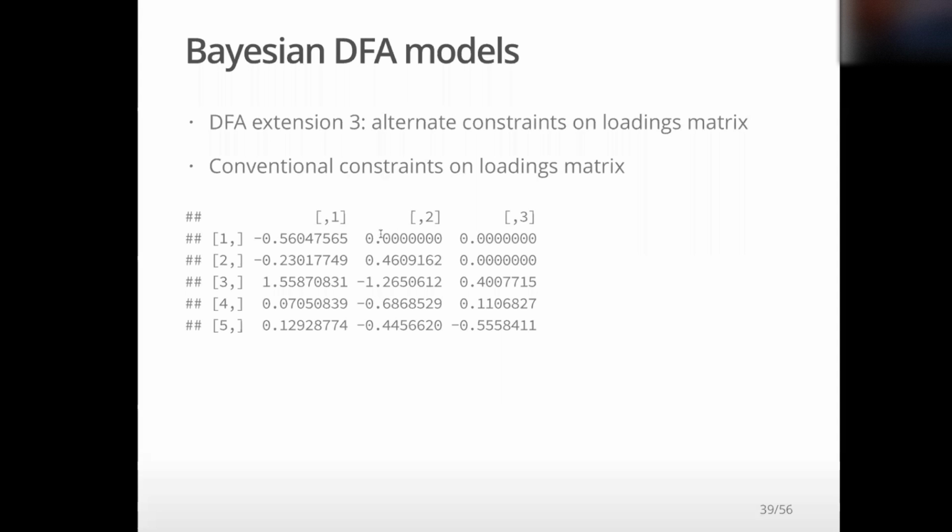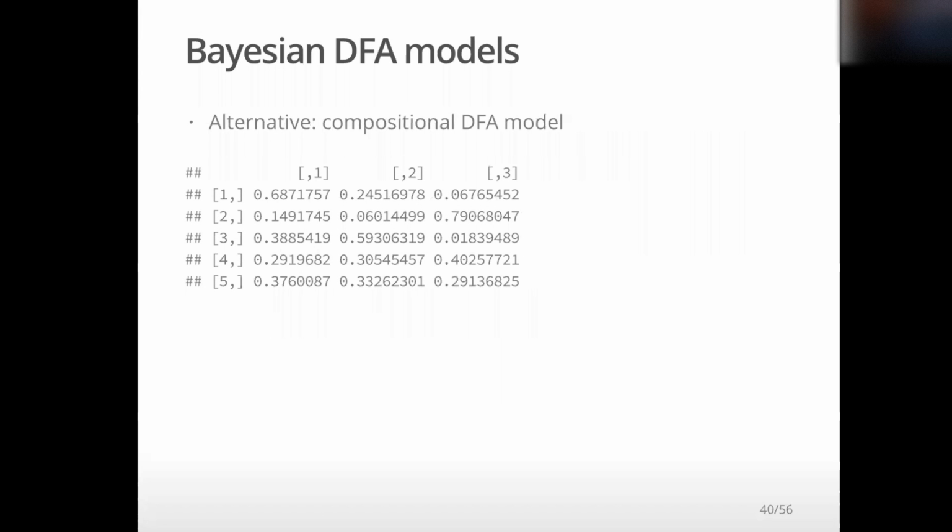You have to do this whether you're doing a maximum likelihood model or a Bayesian model; you're limited by these constraints. But there's no reason why this needs to be the only kind of constraint that you could apply to this type of loadings matrix. For another student project, we were interested in thinking about the trends in the time series and their relationship as more of a true conventional mixture. This represents an alternative constraint that we can put on that loadings matrix.